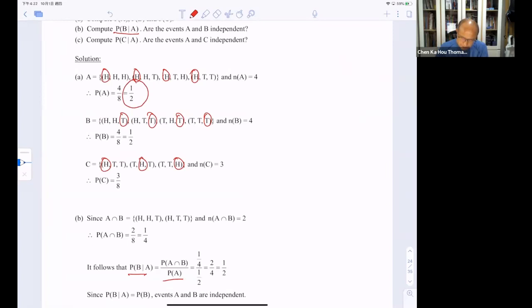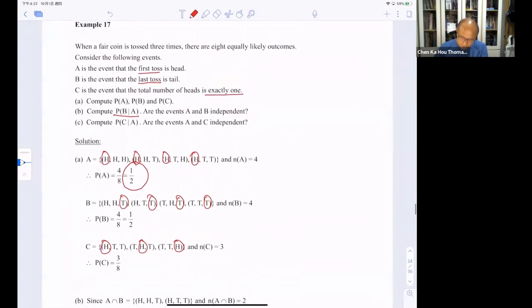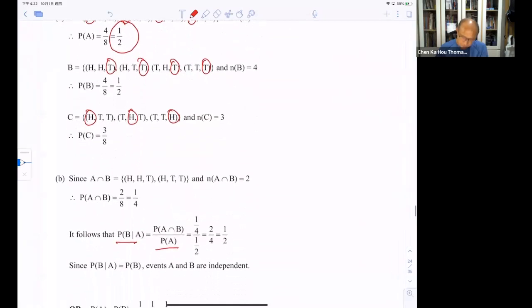A and B is the event that the first toss is head and the last one is tail. So it's 2 over 8. So it's 1 over 4 over 1 over 2. We say the two events are independent because you find this answer equals P(B).